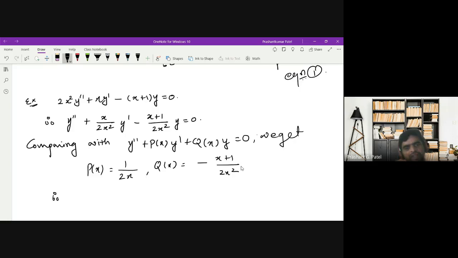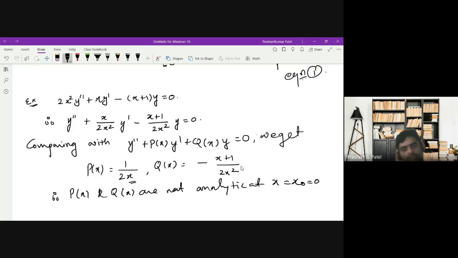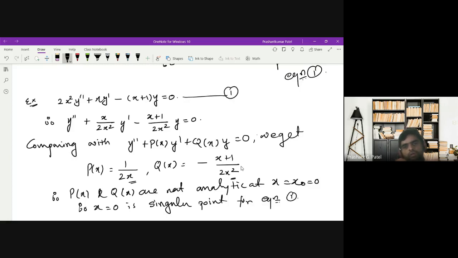So we can say that p of x and q of x are not analytic at the point x equal to 0 because they are not defined at that point. So we can say that x equal to 0 is a singular point for equation 1. What is equation 1? It is this equation we have redefined.